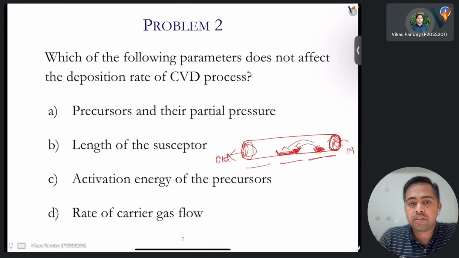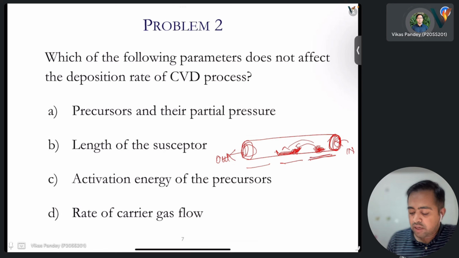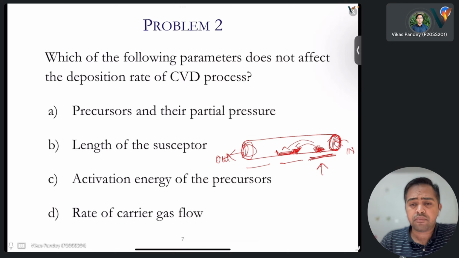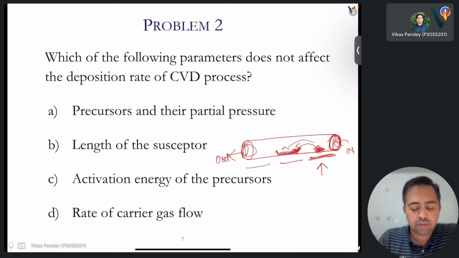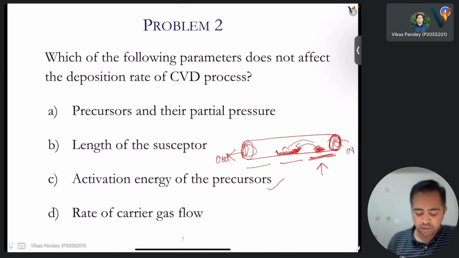The activation energy of the precursors is important because we must reach the activation energy by heating or by the presence of some catalyst. This is a critical parameter, and that is why it is also important.